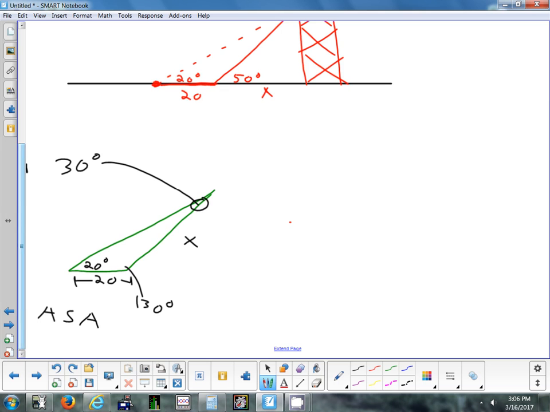Yeah, you know an angle, you know an angle, and you know a side. So no matter which way you decide to look at it, both of those are law of sines problems. For the word problem, you do want to make sure you know how to set up the law of sines to solve something similar to that.